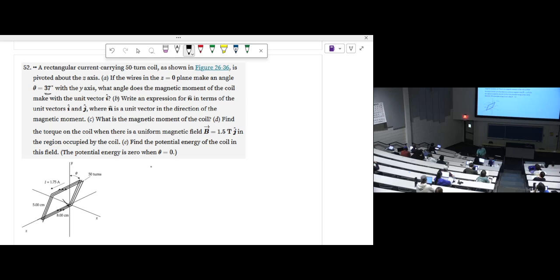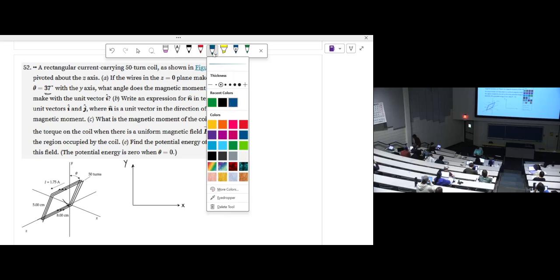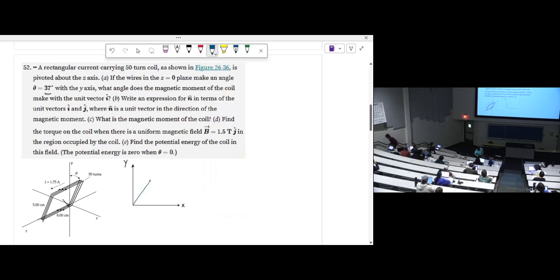Let me reorient this problem for you. And let's draw our y-axis like so. And let's draw our x-axis like this. So this is x. And then the plane of my loop is going to be oriented like so. So you can imagine that it's going down along this front side here. So the current I looks like so.